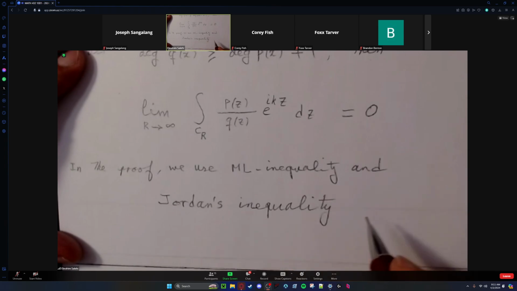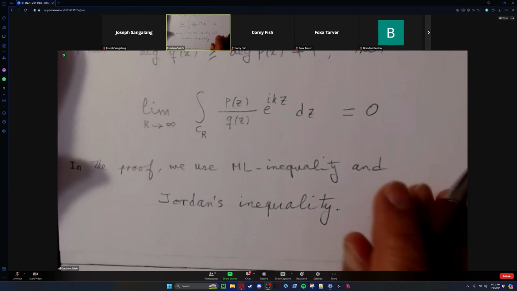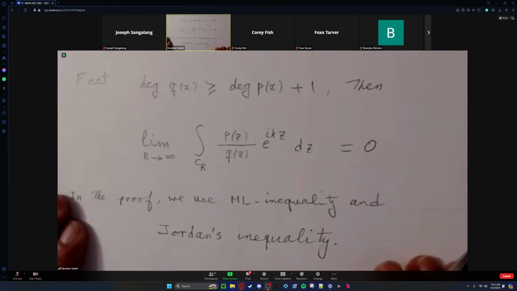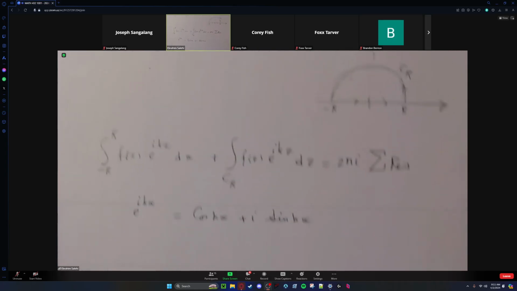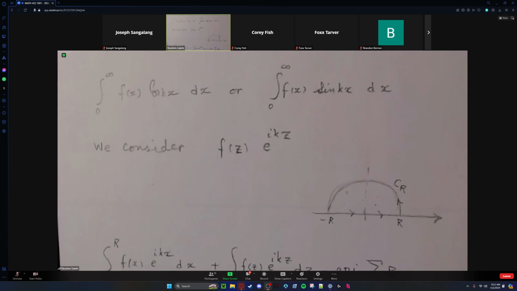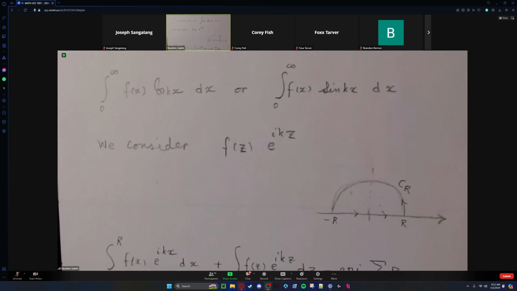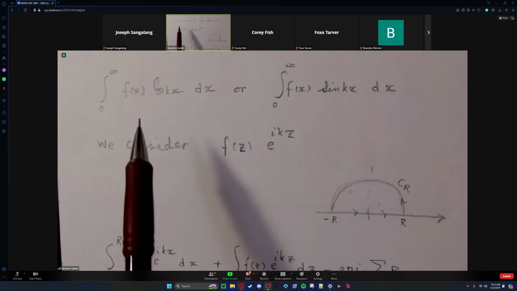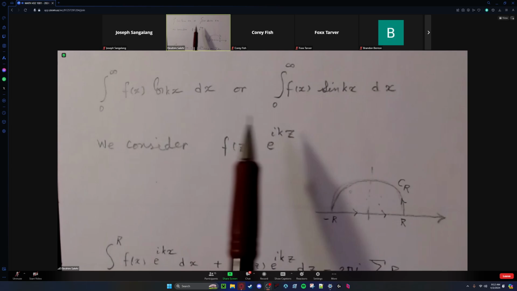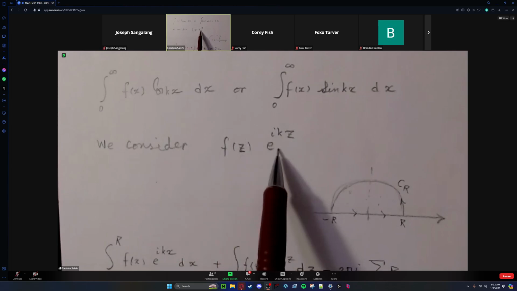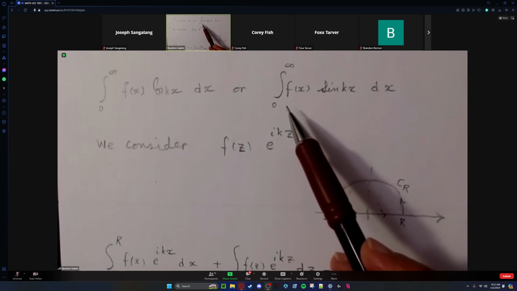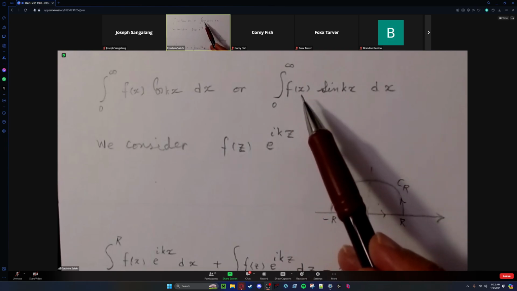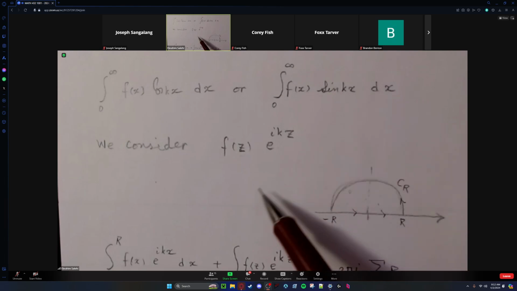Okay, good. So here is the key. I am going to give you an example and work that example to make sure that you see the process. We want to use one of these. In fact, with this, we will get both of them. So you will consider f of z e to the ikz, okay?